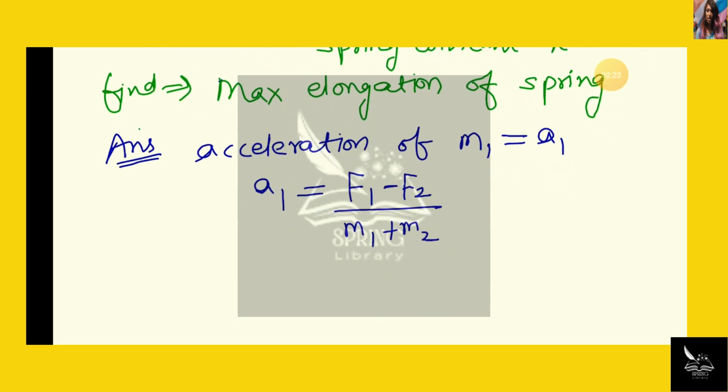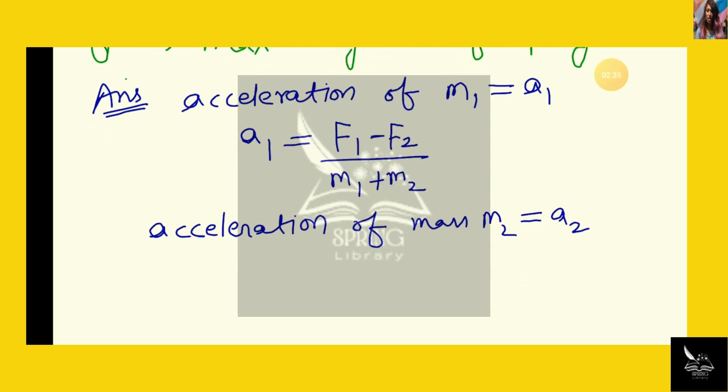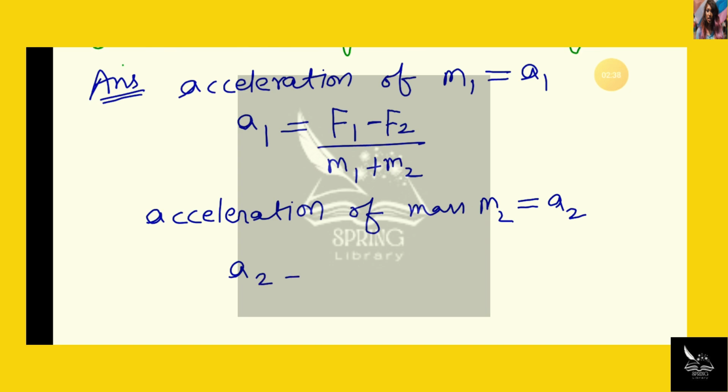Similarly, the acceleration of mass m2, the second block, is a2, and a2 is equal to F2 minus F1 divided by m1 plus m2.